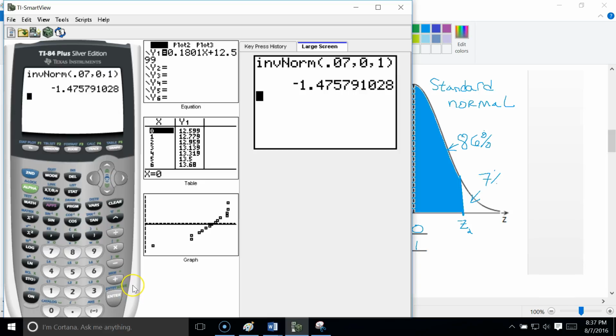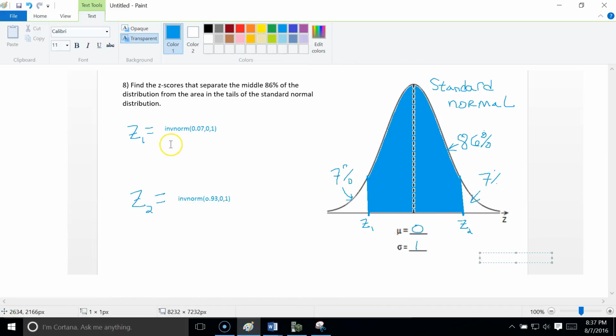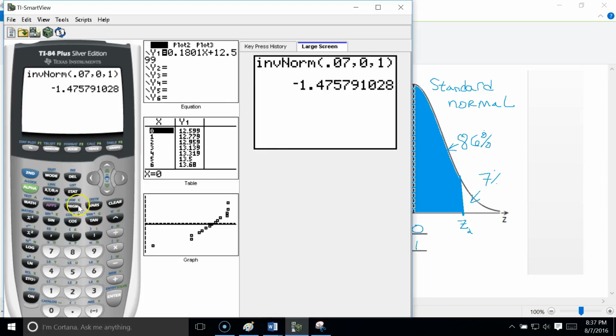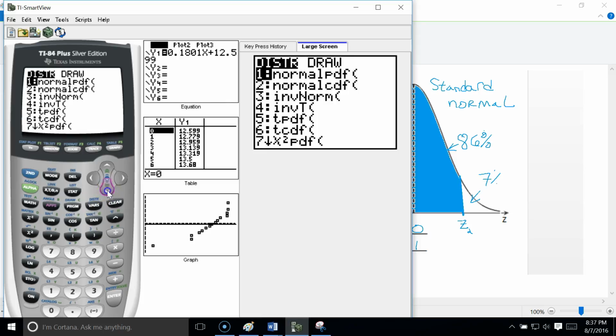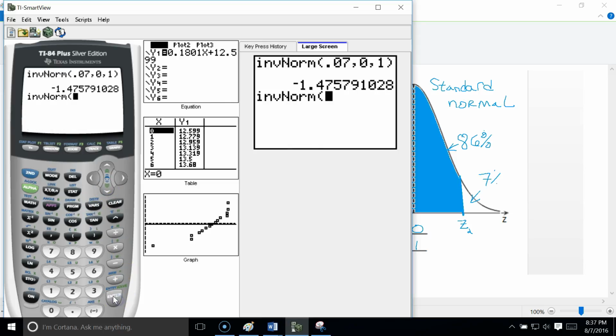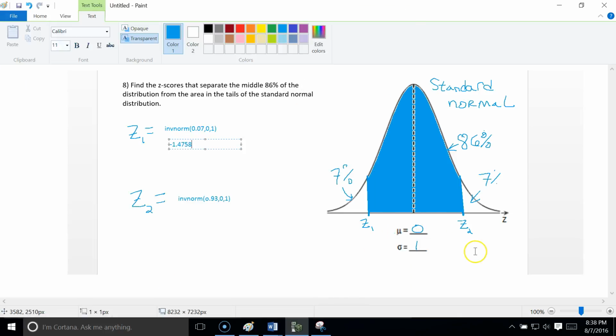Okay, I get negative 1.4758. So there's negative 1.4758. And then if we go back to our calculator, distribution, inverse norm, 0.93, comma 0, comma 1, we get positive 1.4758, and that's because it's symmetric.